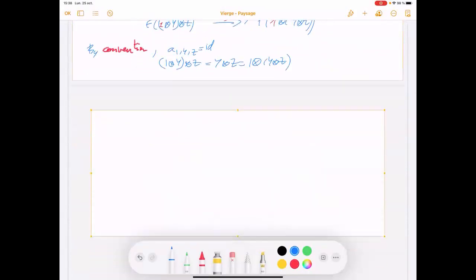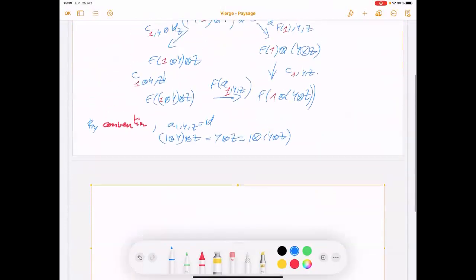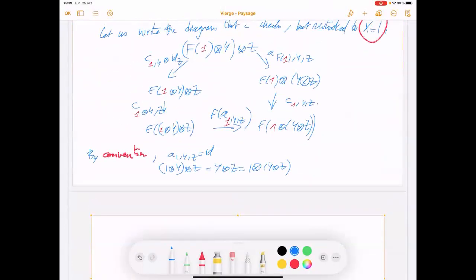Okay. So now, by this convention, these two are now the same. This one and this one are the same.